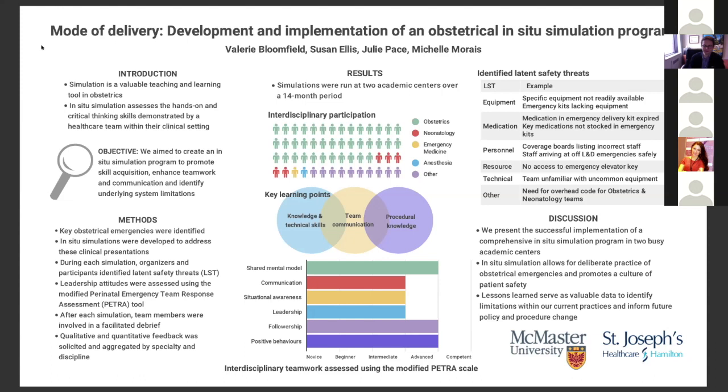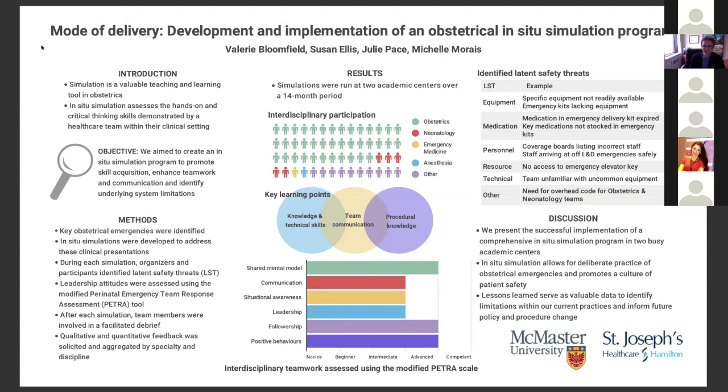In terms of a brief methodology, we completed a needs assessment by gauging interest and learning objectives from our care teams, and that allowed us to clarify a list of key obstetrical emergencies, clinical locations, desired collaborations, and the ideal frequency of simulations.